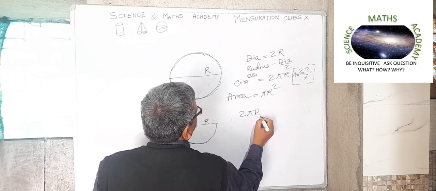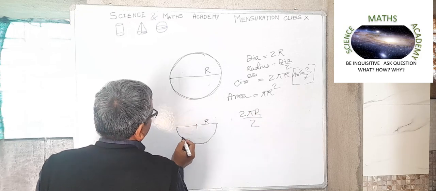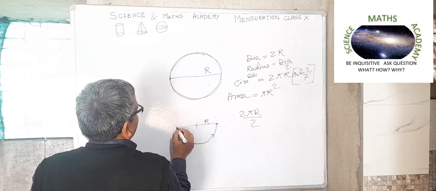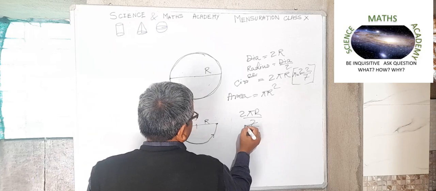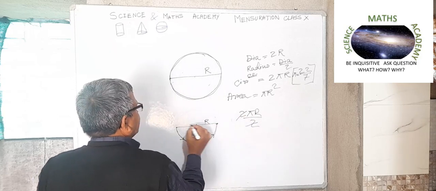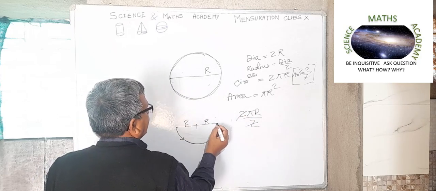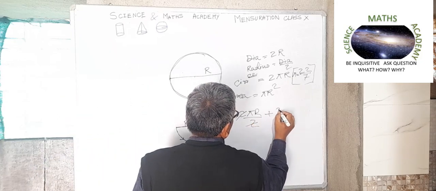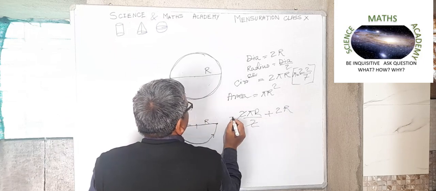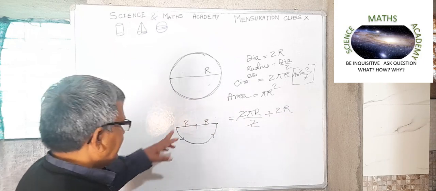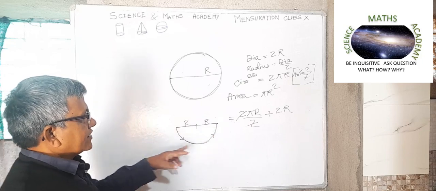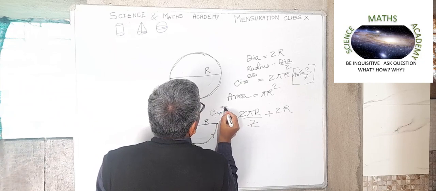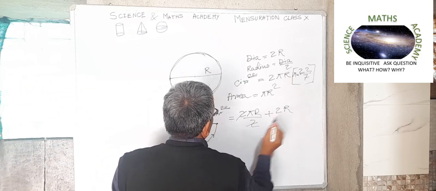Going from here to here is pi r distance. Then I have to come back along the diameter, which will be 2r. So I can say the semicircle circumference is pi r plus 2r.